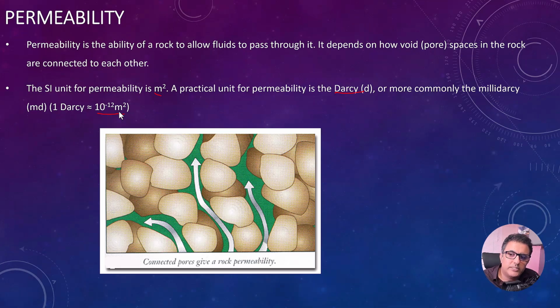The more common unit in oil and gas is the millidarcy. For example, we say that the permeability of this reservoir is 1,000 millidarcy, 10 millidarcy, and so on.